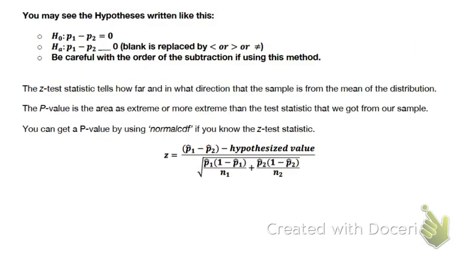All right. I do want to point out that you may see your hypotheses written slightly differently. Instead of seeing P1 equals P2, you may see P1 minus P2 equals 0. Either one of those is a perfectly acceptable null hypothesis.